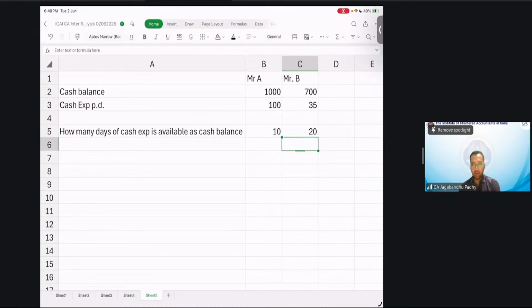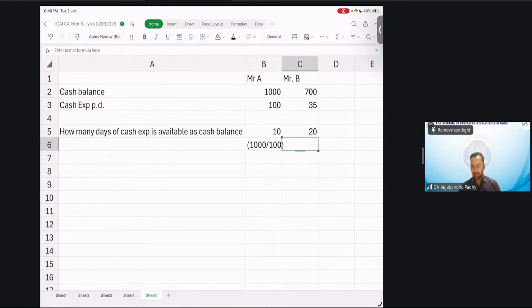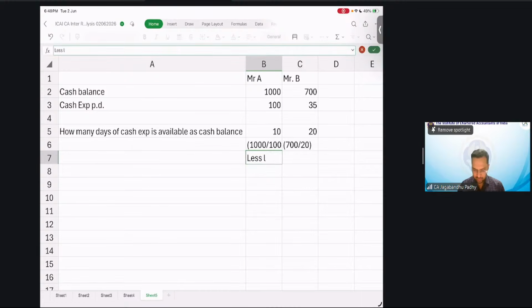So how did you calculate these numbers, by the way? This was simply done as 1,000 divided by 100, and this was calculated as 700 divided by 35, right? So this guy is having less liquidity and this guy is having more liquidity.